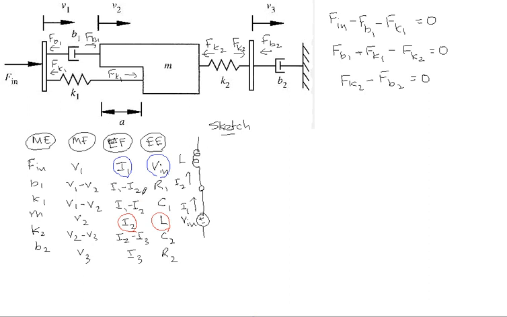There are two elements associated with I1 minus I2, which are a resistor R1 and capacitor C1. Hence, we can draw I1 minus I2 flowing through this part of the circuit, and it flows through R1 and C1.